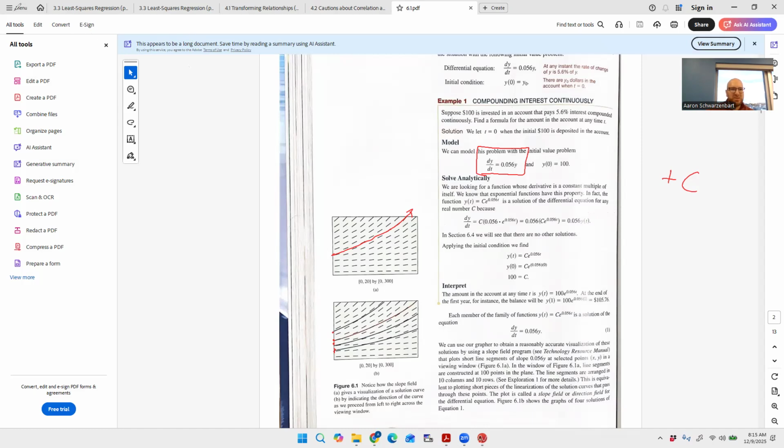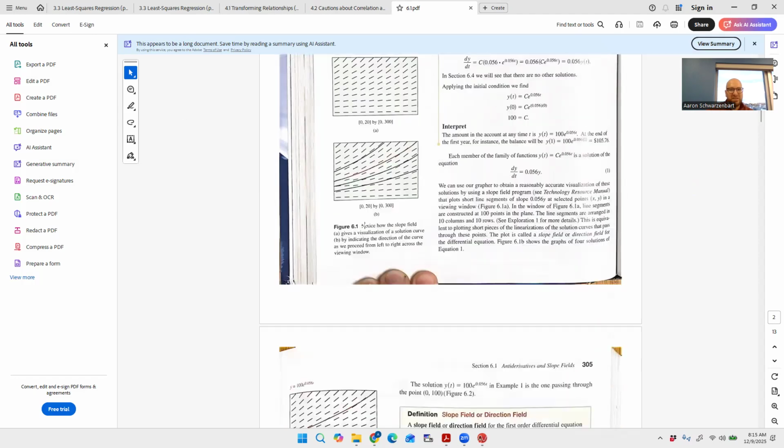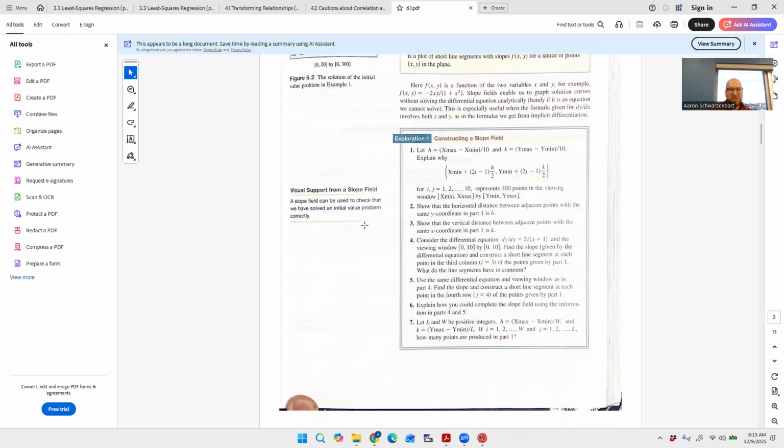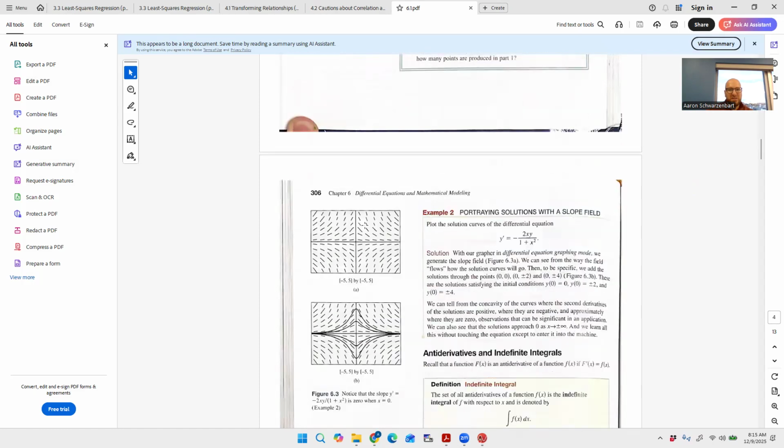Slope fields are a little tricky at first. They take some getting used to. This slope field, y prime is dy dx, right? This is not a separable differential equation. Oh, actually it is. That'll be separable, yeah. But we're not gonna, well, let's separate it.